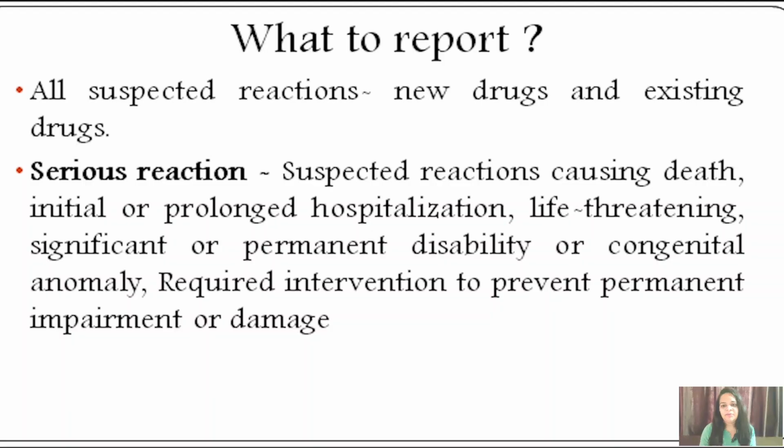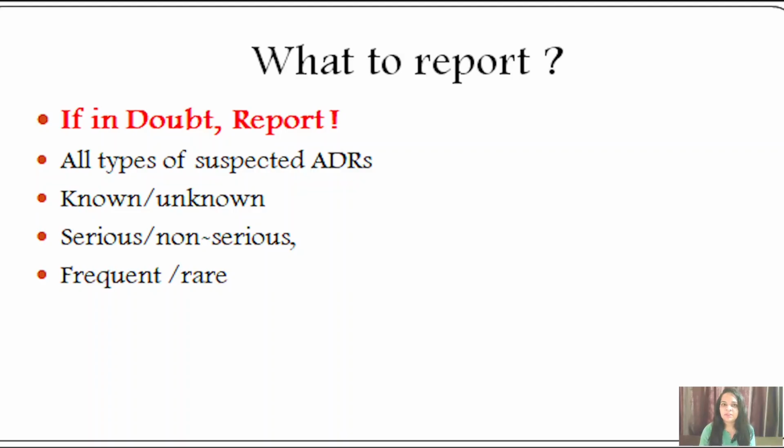All these types of serious reactions we have to report. Apart from this, all non-serious reactions also need to be reported. Now, if you are in doubt, what should you do? Always report all types of suspected adverse drug reactions, known or unknown, serious or non-serious, frequent or rare. All adverse drug reactions need to be reported.